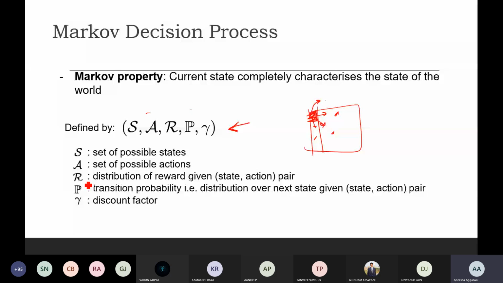And R is the distribution of reward given a state and action pair. Suppose the agent that was here moved from here to here, and it killed the king in chess.